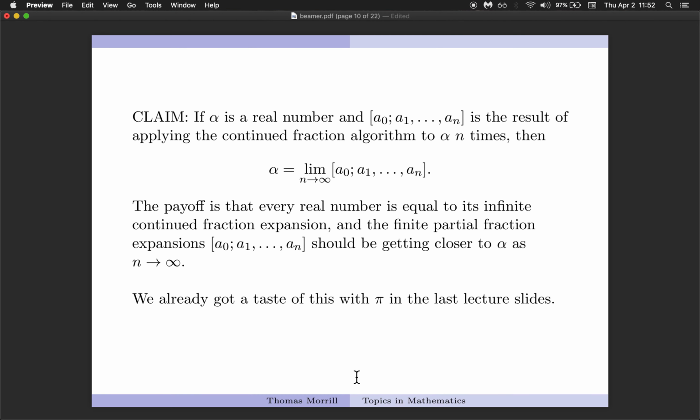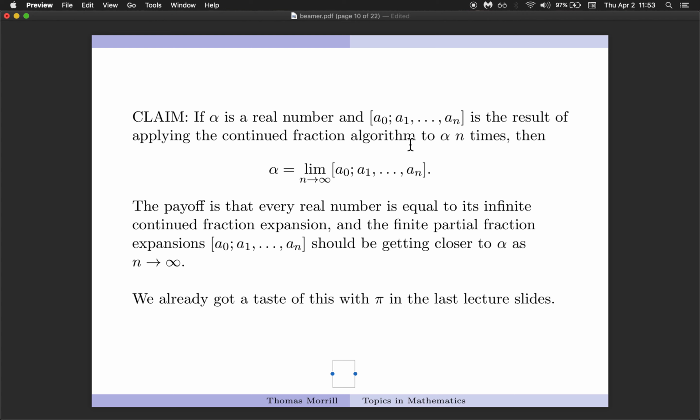So I claim that if I have some real number alpha, I'll use Latin for my integers, and I'll use Greek for my real numbers. If alpha is a real number and I have a0, a1 up to an, my finite continued fraction expansion, how did I get this?